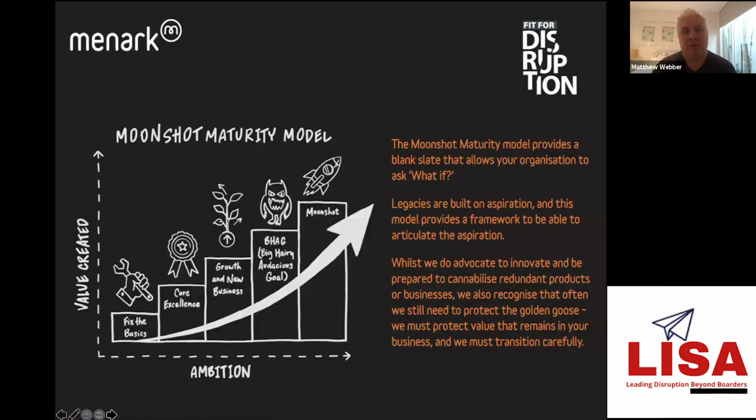The steps I've created: for you at MVP stage, I've got here fix the basics, focusing on the basics. Then you work on your core excellence, then developing your growth in new business, having some big goals, and then of course what your moonshot is.